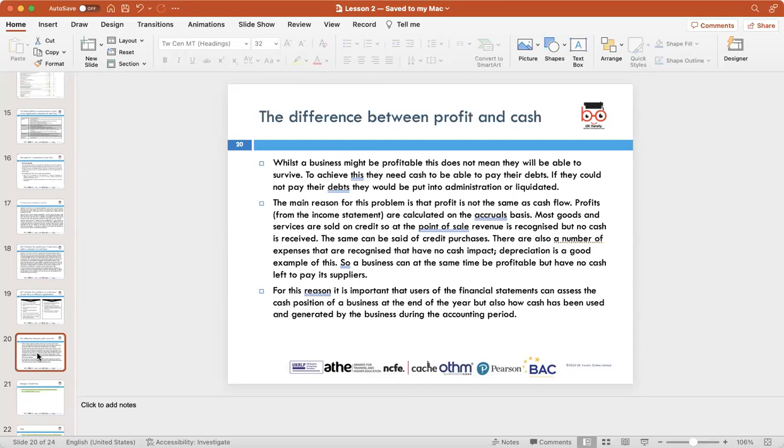It is the same way with buying things on credit, like credit purchases. And also, as he said, depreciation is one example of a recognized expense that does not result in a cash outlay. So a company can make money but still be unable to pay its bills.